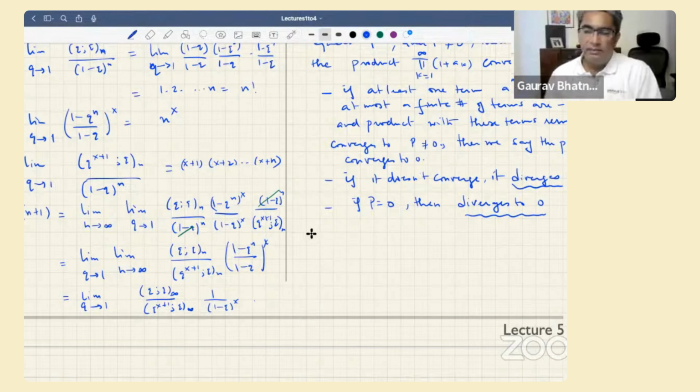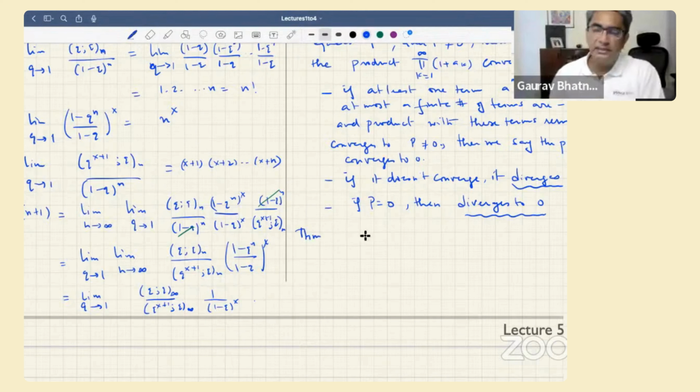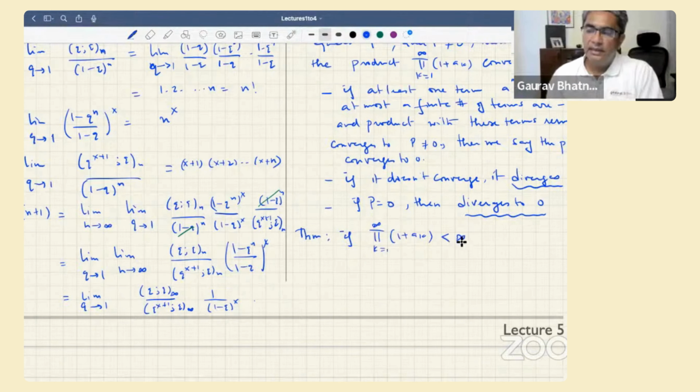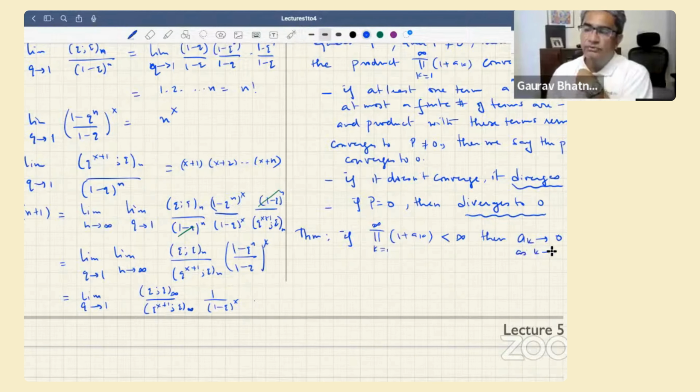Okay, so, a necessary condition, the first condition which happens even in series: if this product, 1 plus a_k, k going from 1 to infinity, converges, then a_k goes to 0 as k goes to infinity.